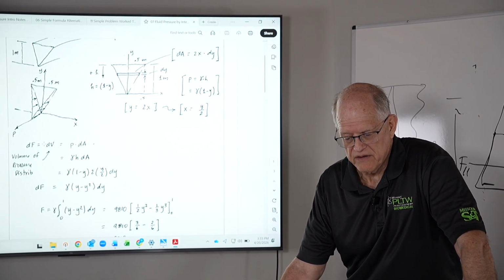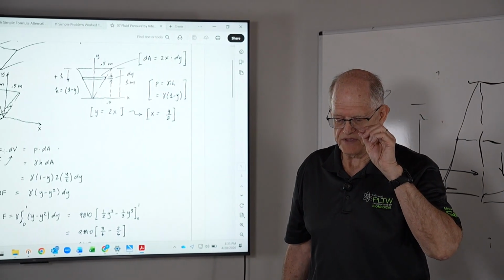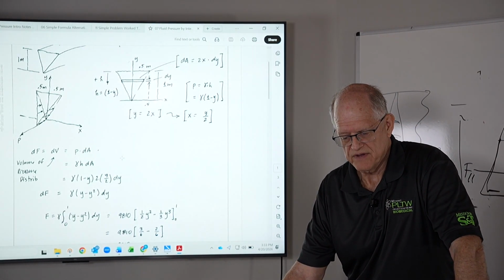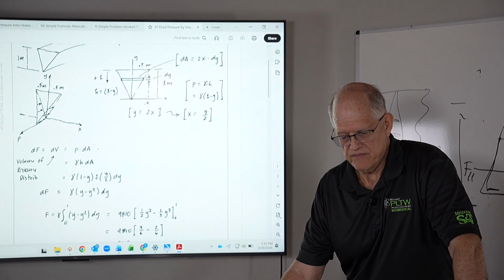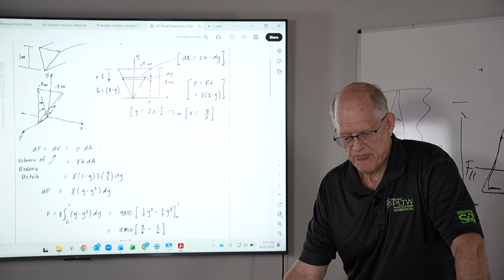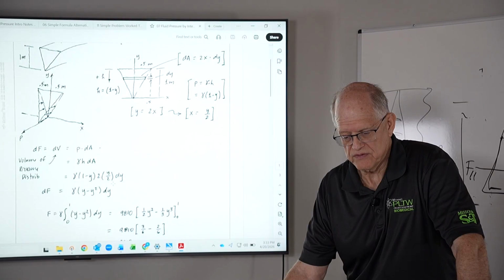So my dF that I'm summing is pressure times dA. The pressure is gamma h times dA. The gamma h is gamma times 1 minus y. My dA is 2x, which is y over 2, dy.